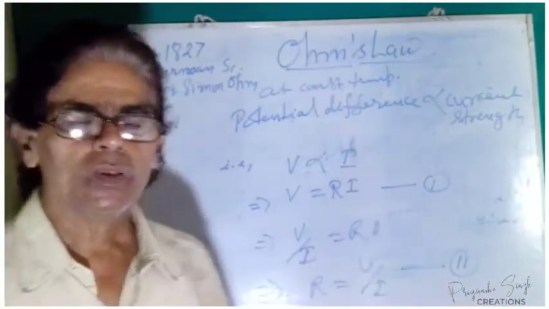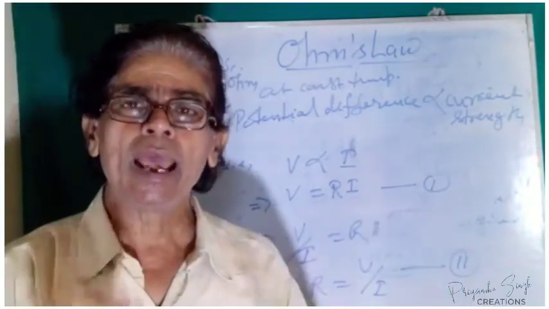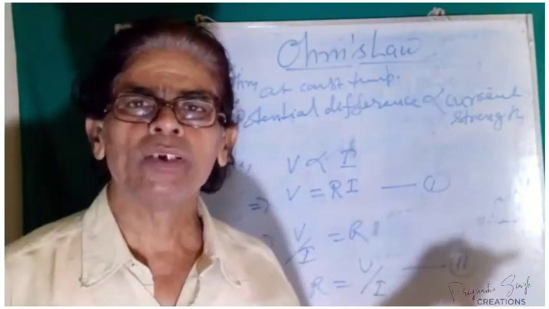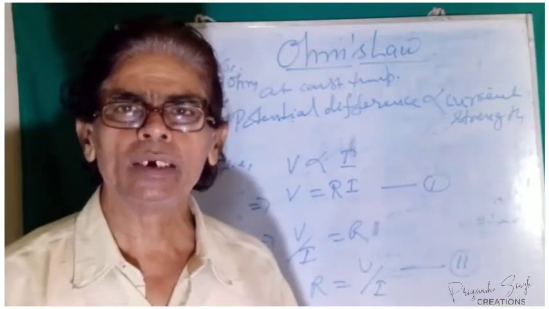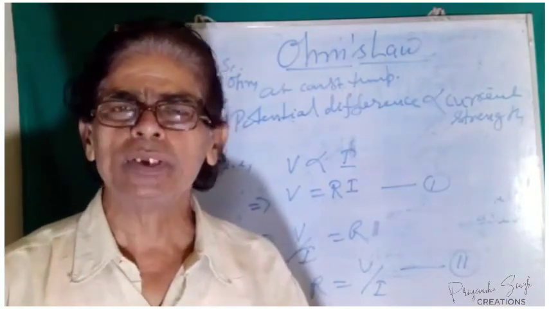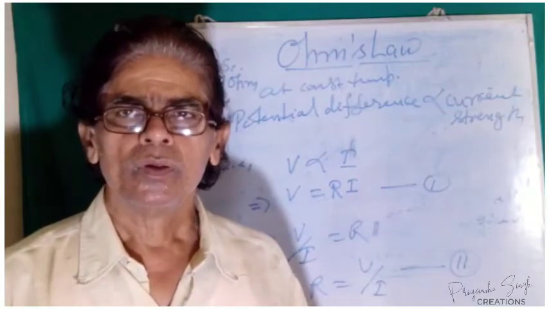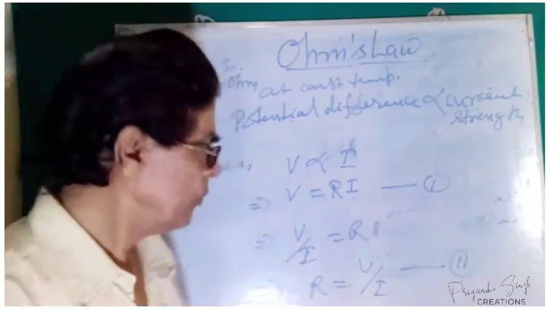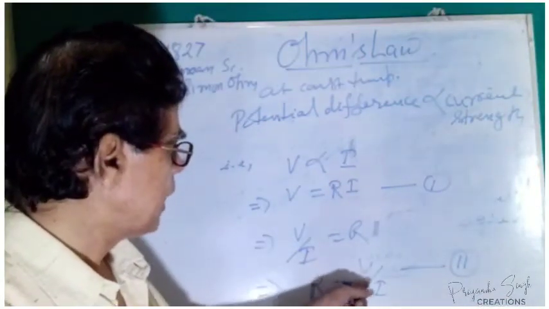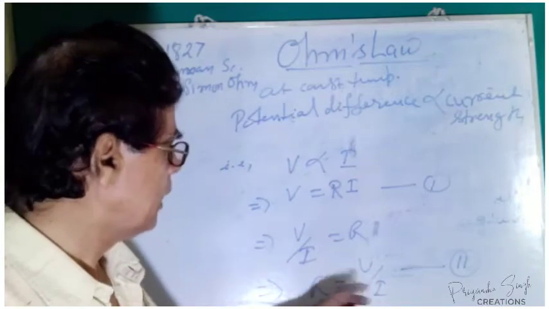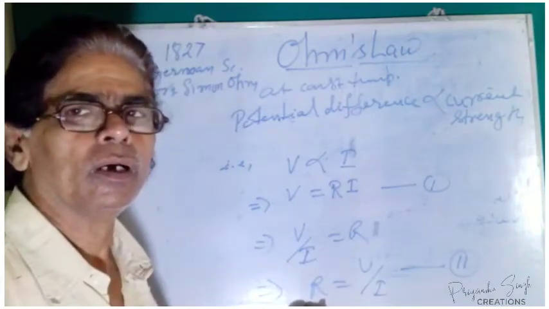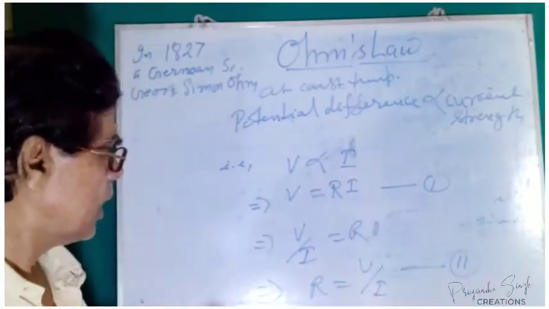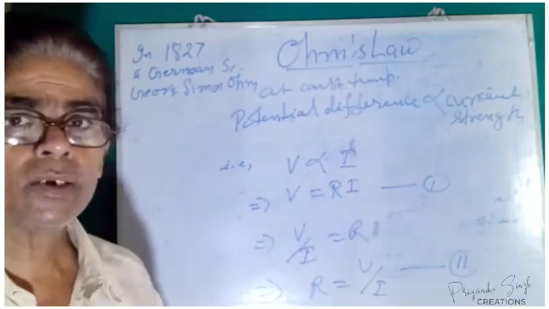It was observed that for each and every reading of potential difference, the corresponding current strength was found to be constant. This enabled Ohm to propose this law. Now, we may say that the ratio of potential difference to the current strength is the measure of resistance of the conductor.